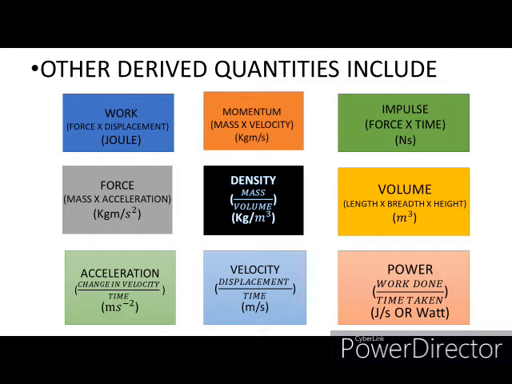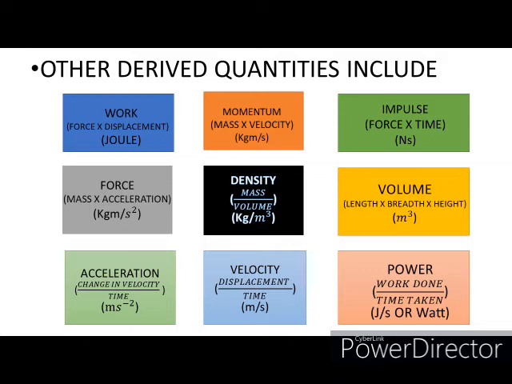I know they've taught you work, energy and power in your junior school, so you have enough experience in this. Momentum is simply the product of mass and velocity, measured in kg meter per second. Impulse is simply the product of force and time. Force, they've taught you, is mass times acceleration, which is measured in kg meter per second squared. Now this kg meter per second squared is simply represented using Newton.